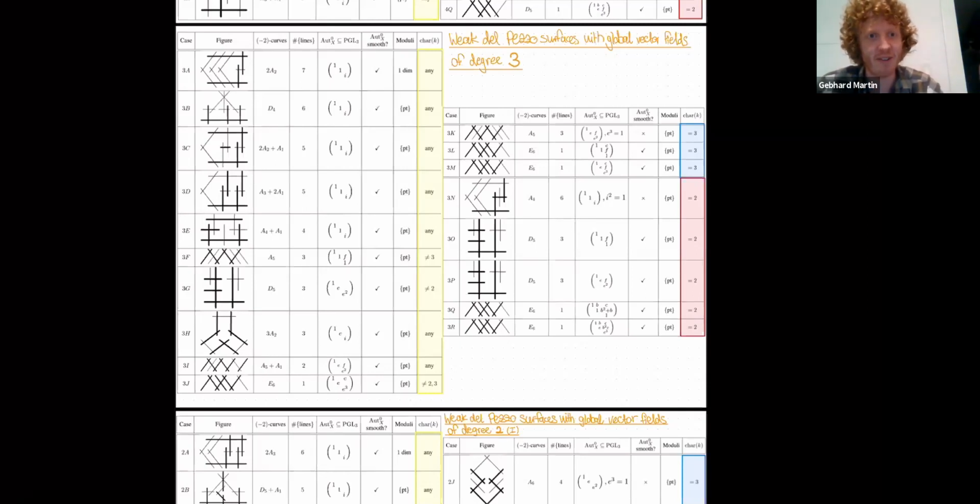You might have more vector fields after you contract the -2 curves. It's not possible to get the list for the Du Val del Pezzo surfaces in positive characteristic, in characteristic at most 7. I think this is because, for example, if you consider the A1 singularity in characteristic 2, there are vector fields on the rational double point that do not lift to your resolution.